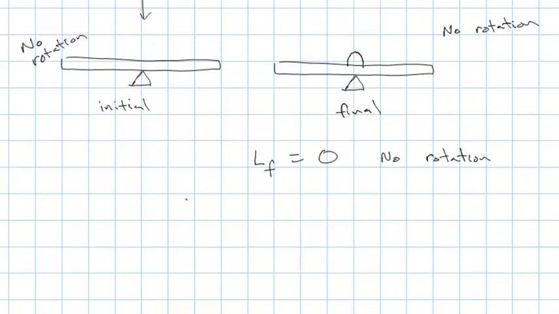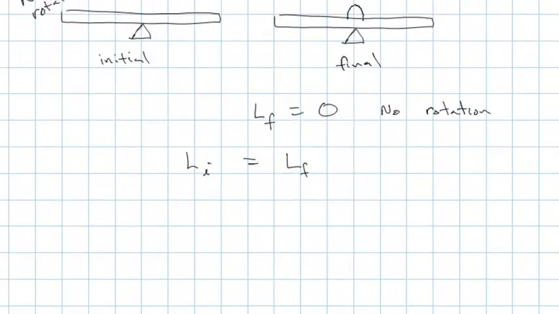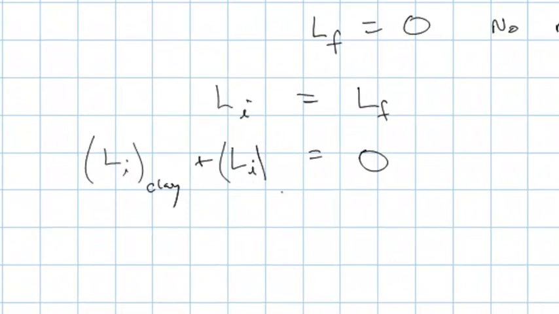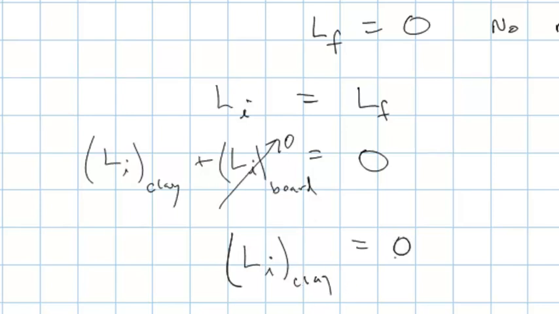And since the initial angular momentum is going to equal the final angular momentum, and the initial angular momentum for the clay plus the initial angular momentum for our board, and our board was not rotating, was it? So that means that the initial angular momentum for the clay had to be 0.